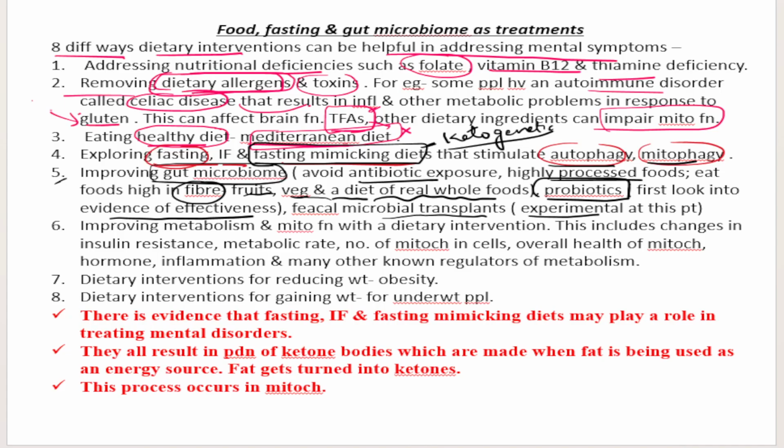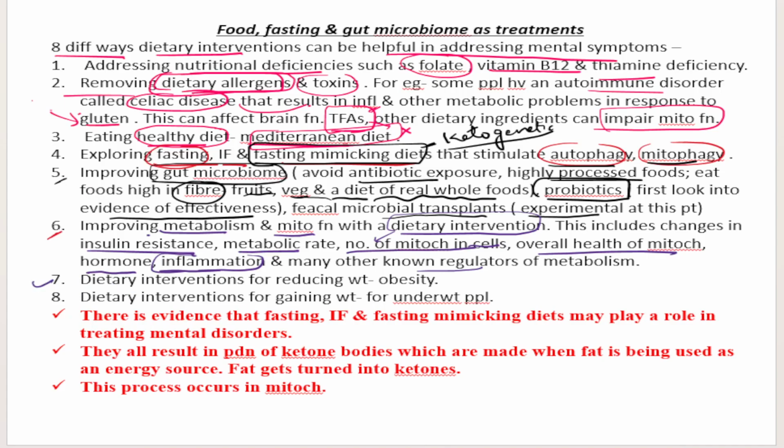Then the sixth way in which food, fasting and gut microbiome can act as treatments is by improving metabolism and mitochondria with a dietary intervention. So how? Changes in insulin resistance, changes in metabolic rate. Dietary intervention can lead to changes in the number of mitochondria in cells, in the overall health of mitochondria, in hormonal imbalance, in inflammation and other regulators of metabolism.